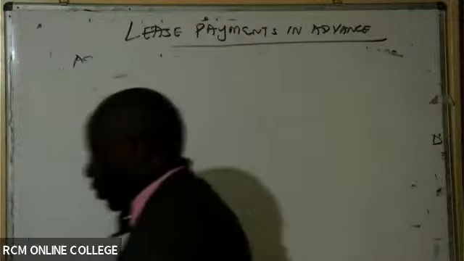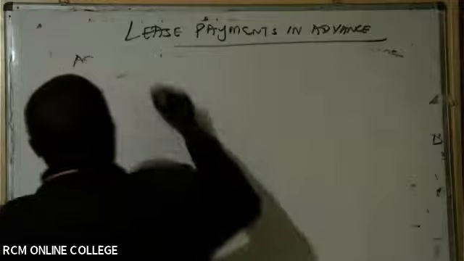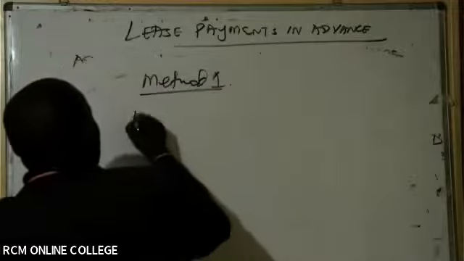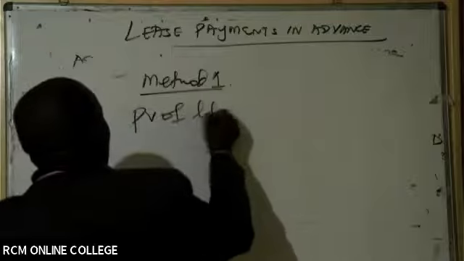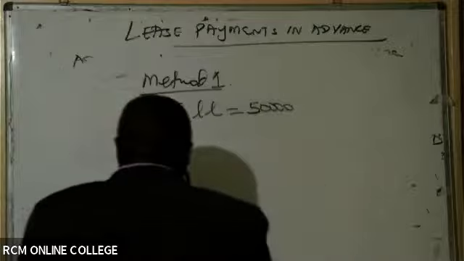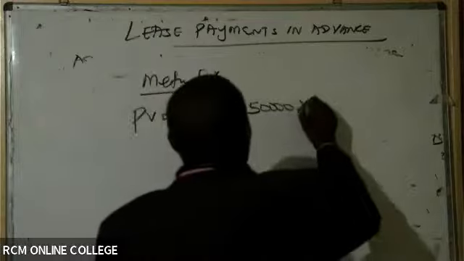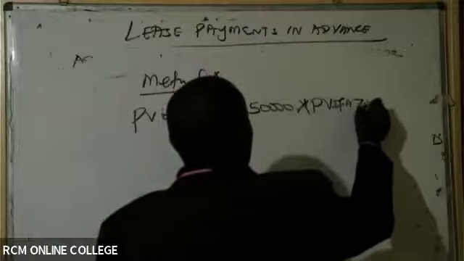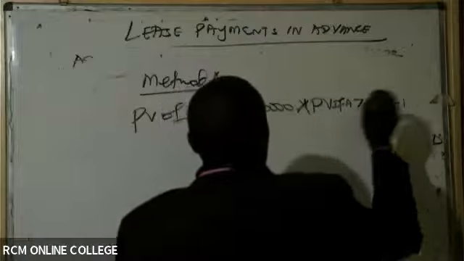So method 1 is quite straightforward. Remember, under method 1, you will simply come and give us the present value of the lease liability. You take 50,000, which you're paying every year, times PV at 7.5%, and then N minus what here?